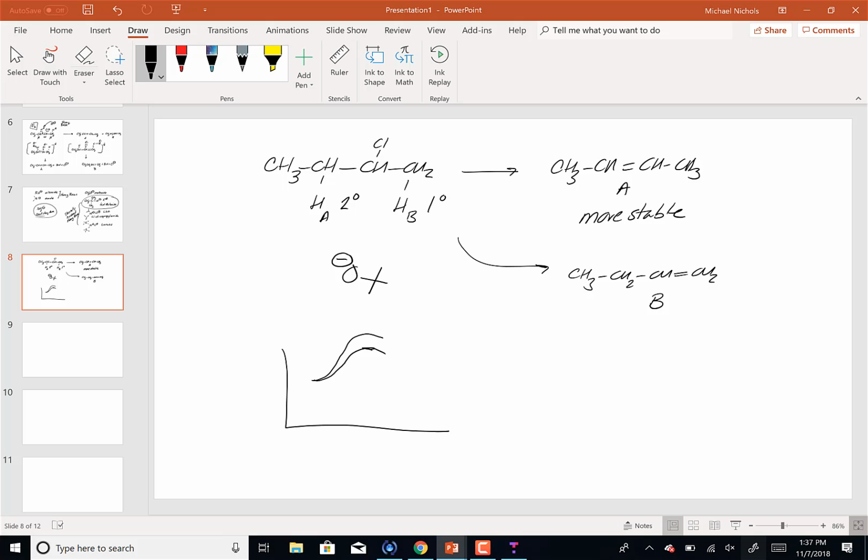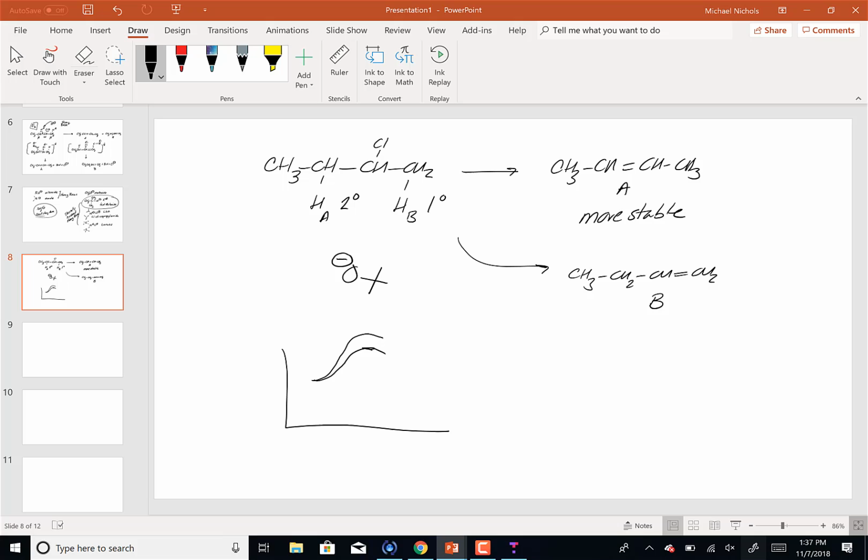So HB is less sterically hindered, so that means when the O- is partially bonded to that hydrogen, you're going to have less steric hindrance overall. It's going to have a lower energy. What happens if I'm partially bonded to HA in the middle of the molecule? That tertiary butoxide is going to have more steric hindrance.